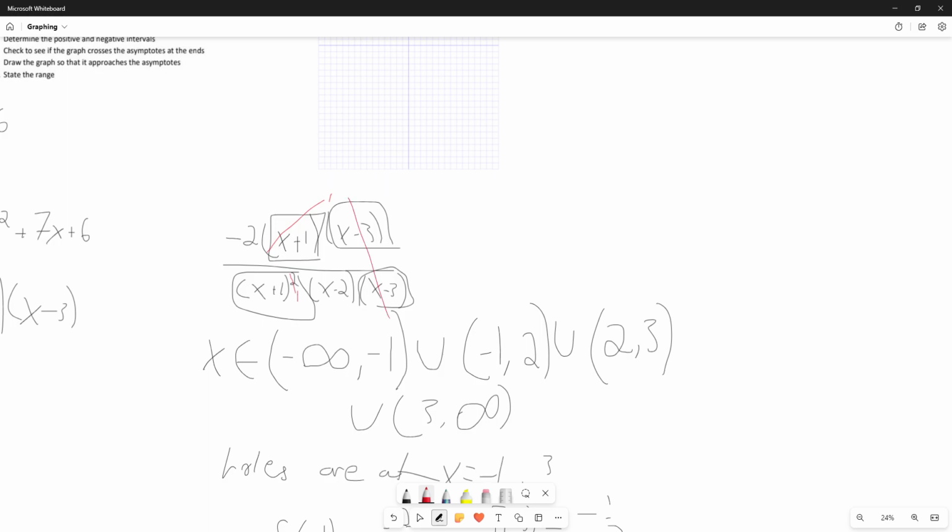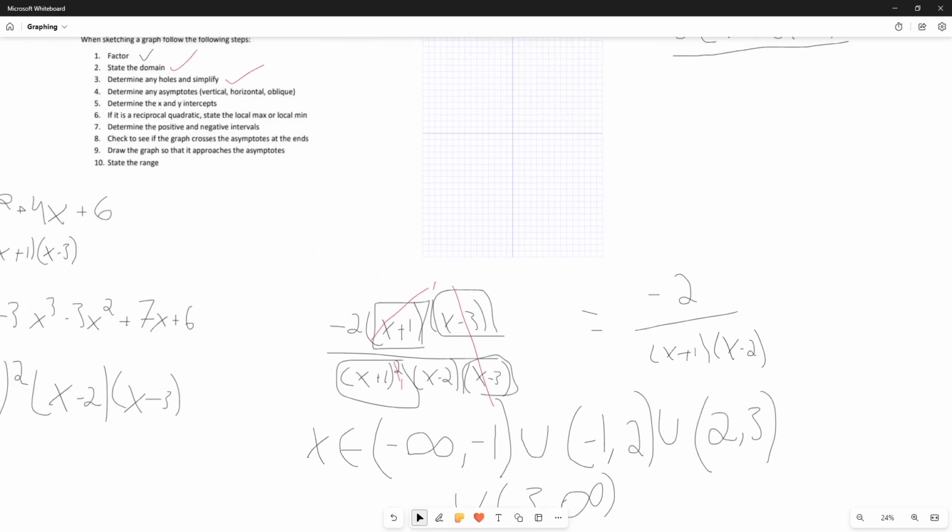These two get crossed off. So what we're left with at the end, after all this is simplified, is -2 over x plus 1 times x minus 2. This is our new function. We never should be going back to the older one.